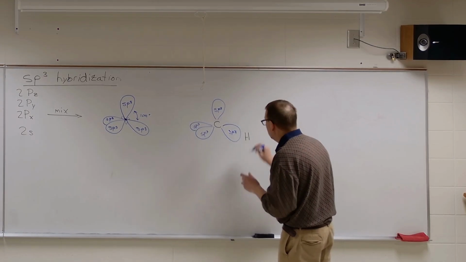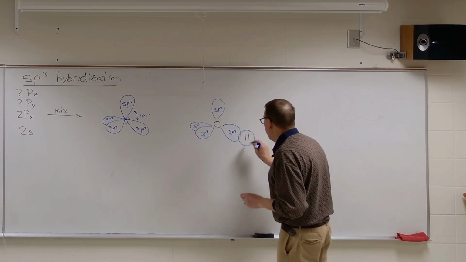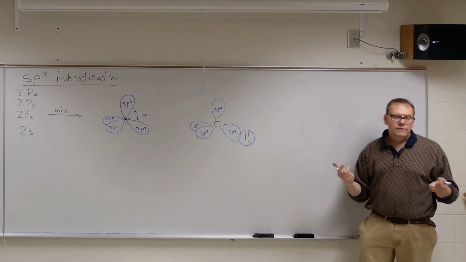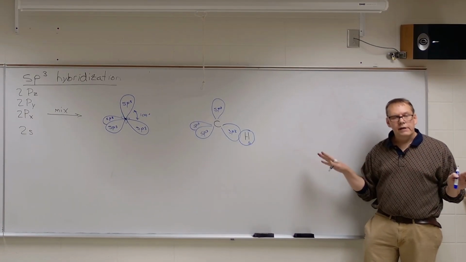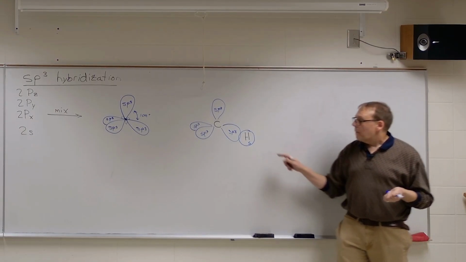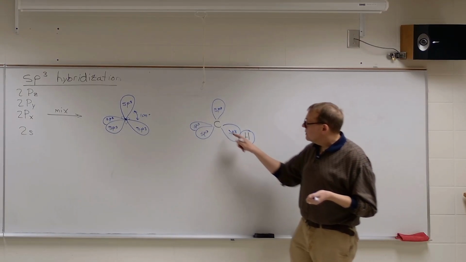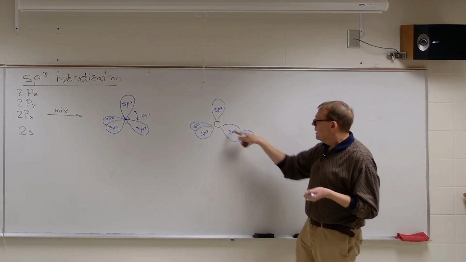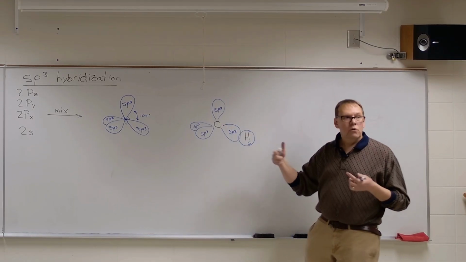the hydrogens are going to be next to it, and they have an s orbital. So hydrogen has a 1s orbital, that's all it has. It can't form any hybrid orbitals because it only has one. So when you get a bond between a carbon with an sp3 orbital and a hydrogen with an s orbital, they're going to share electrons in the space of the overlapping orbitals.